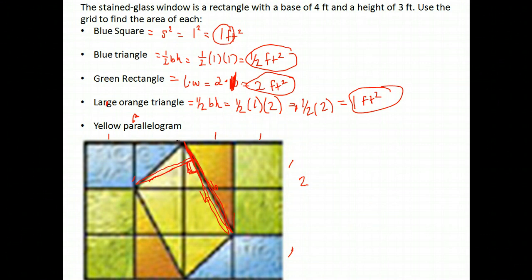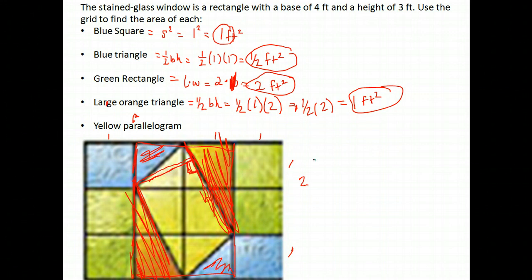So instead on this, what I'm going to do is find the area of this big rectangular section in the middle. The whole yellow parallelogram is inside of it with a few little extras. So notice this was extra, this was extra, and then these blue triangles on the end are extra.